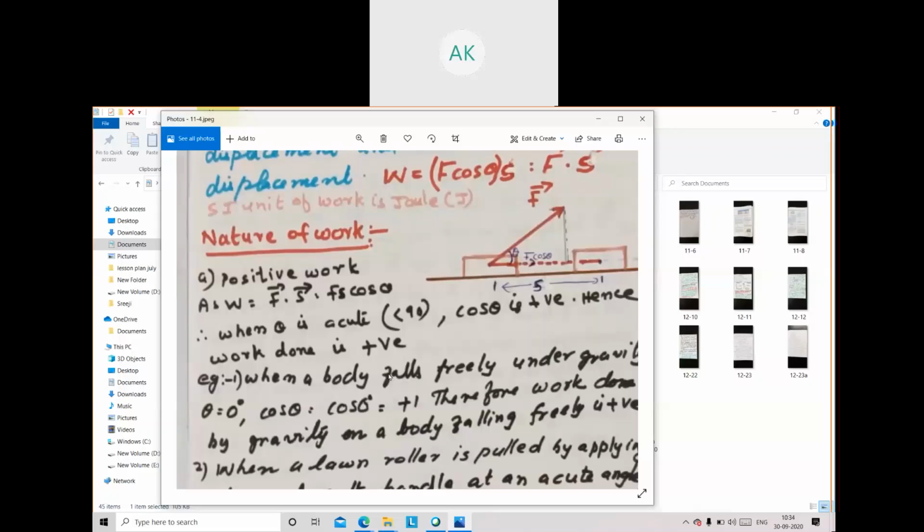Very easy question I am asking. One example for positive work done. Force and displacement should be in the same direction. Tell one example. Megha.